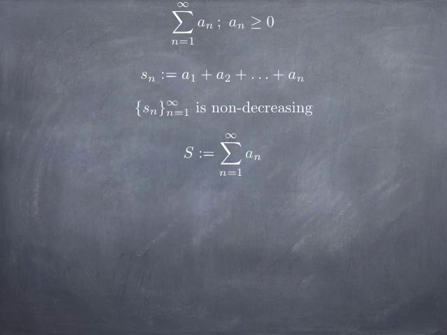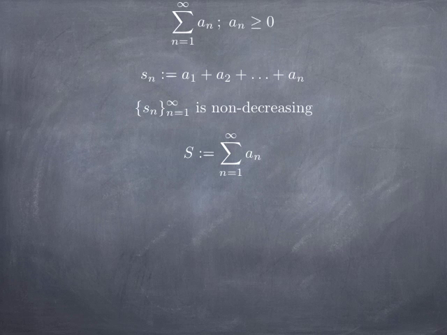to estimate it. Of course, the sum of the series is the limit of the sequence of partial sums, so it's the limit of a non-decreasing sequence that is convergent, and therefore it is really just the supremum of these partial sums. And therefore, one way to estimate S is to approximate it by a particular partial sum.